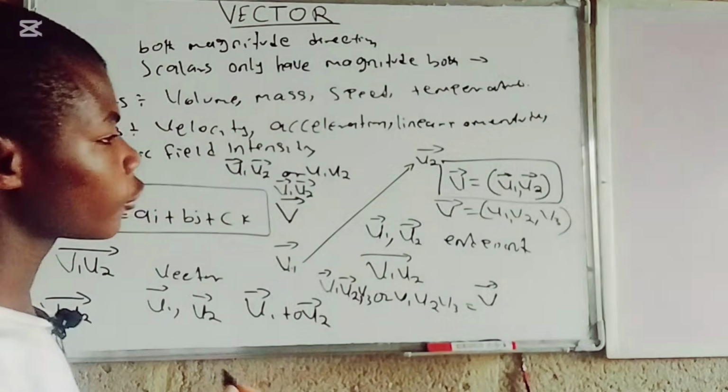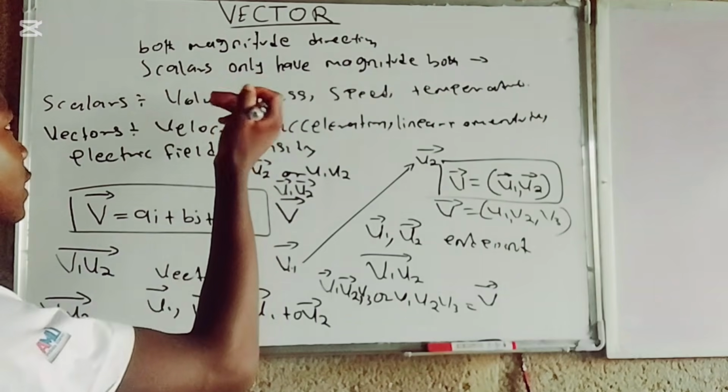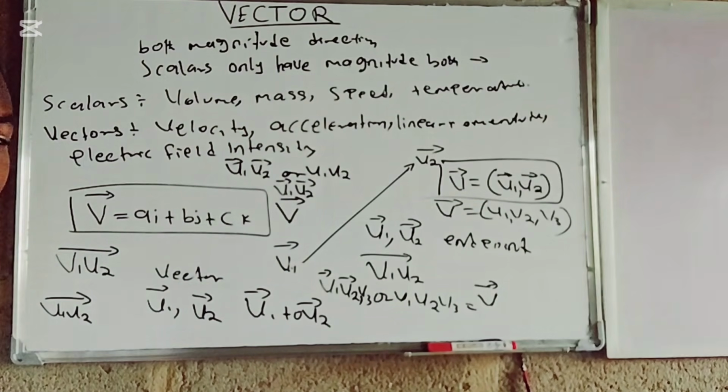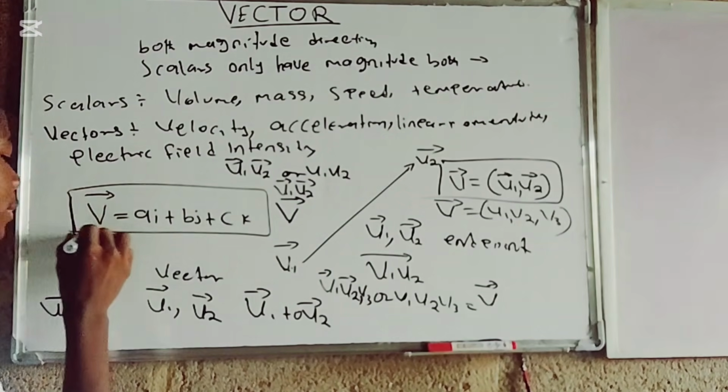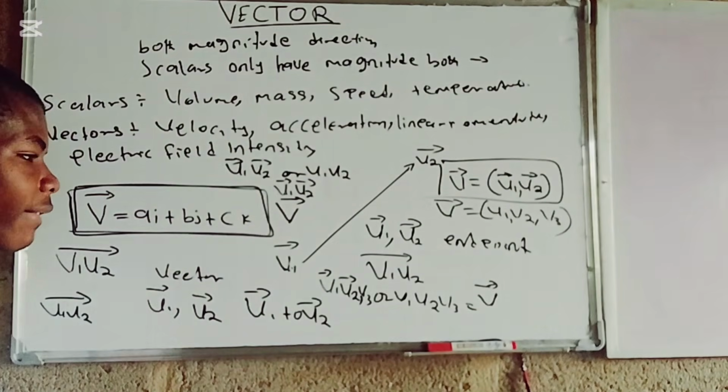So this is all I have for you for this introduction to vectors: the definition of vectors and scalars, and how you can represent a vector in 1 dimension, 2 dimensions, and 3 dimensions. Whenever you see something like this, this is a vector.